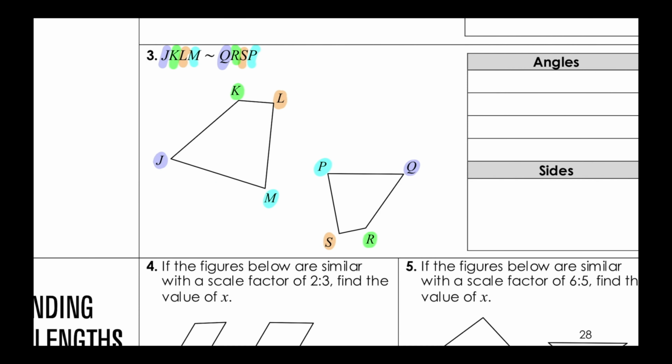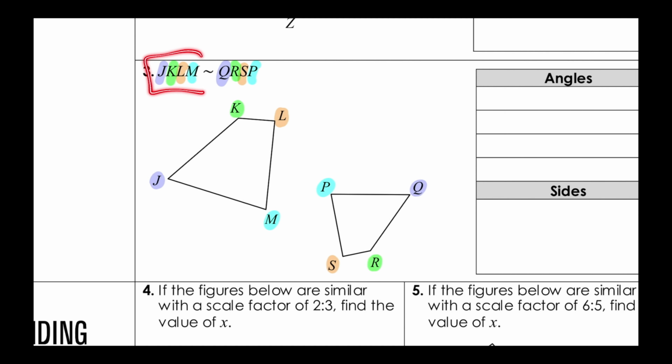So if you look here, this one is first, this one is second. So this one is the large one, this one is the small one. So because of the problem telling us this order, that's what we're doing. Large to small.